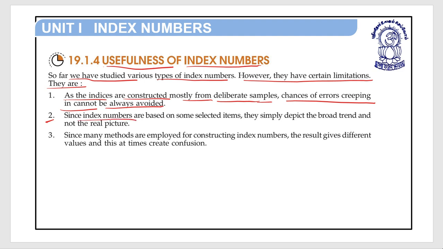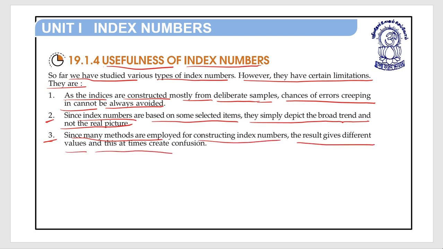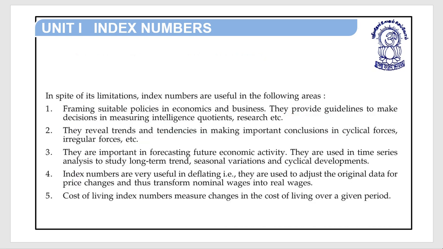Second, since index numbers are based on some selected items, they simply depict the broad trend and not the real picture. Third, since many methods are employed for constructing index numbers, the results give different values and these at times create confusion.